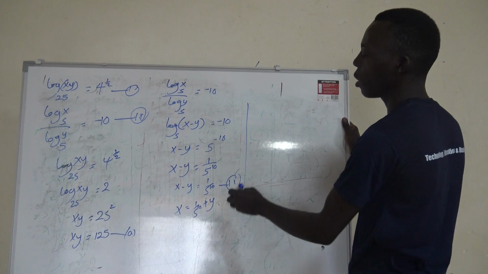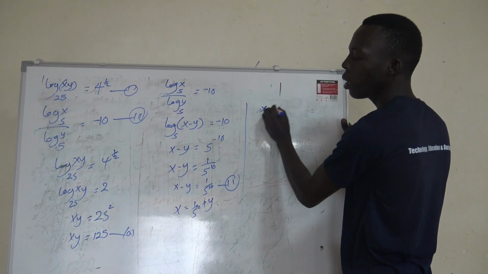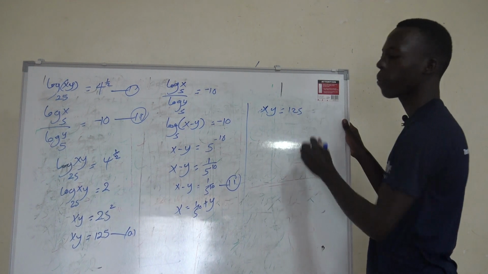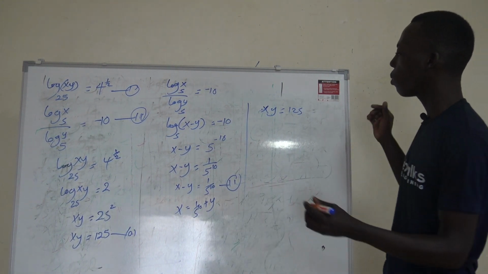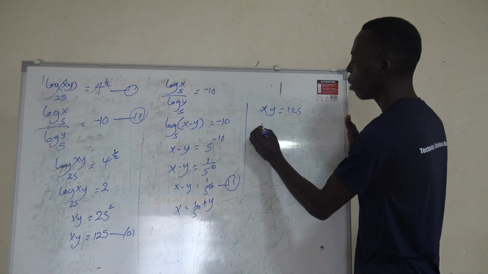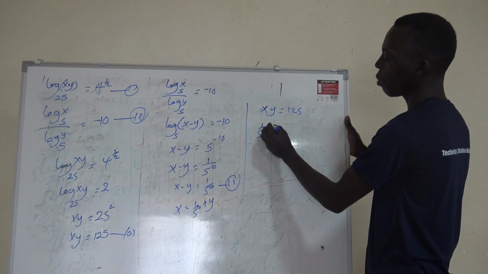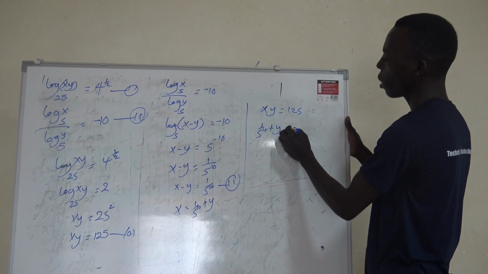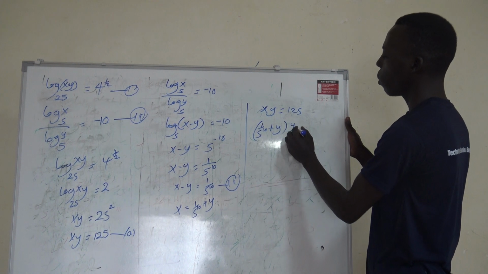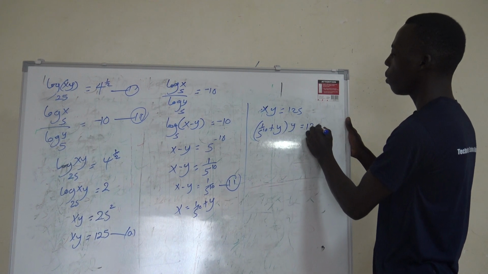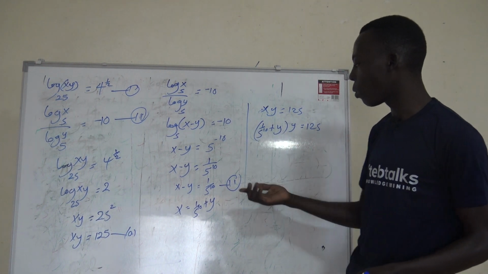They said xy equals 125. We put in the value of x which we have got here, 1 out of 5 power 10 times y, then this one times y equals 125. That is what we get after substituting.